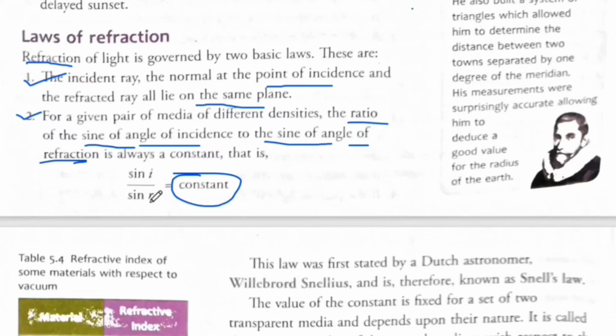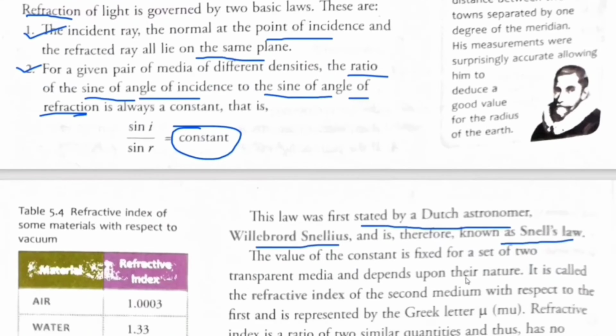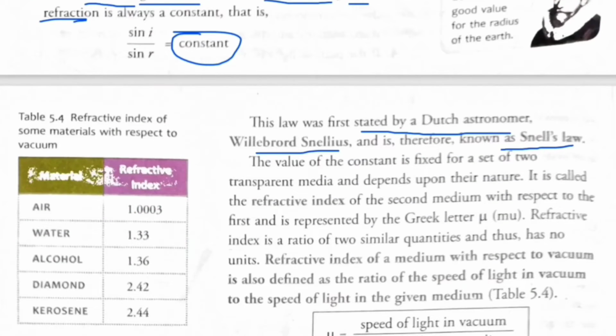Here it is given as sin i / sin r equals a constant when the pair of media are fixed. Students, this law was first presented by a Dutch astronomer, Willebrord Snellius, and after his name, this law is named Snell's law.